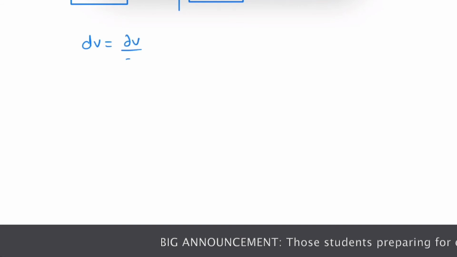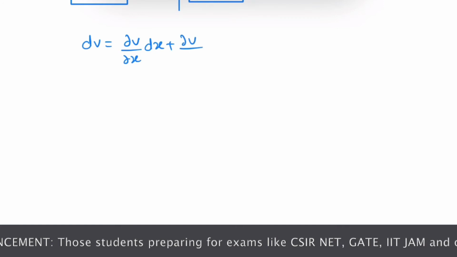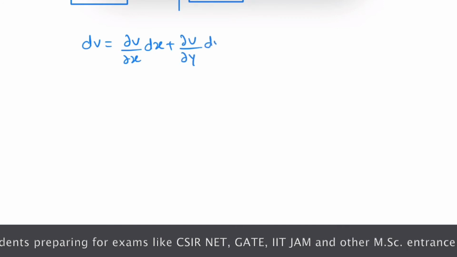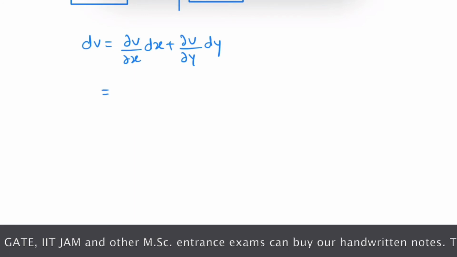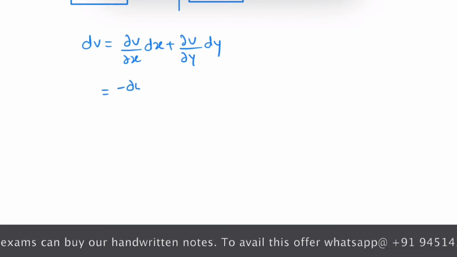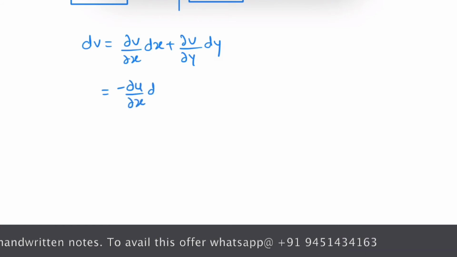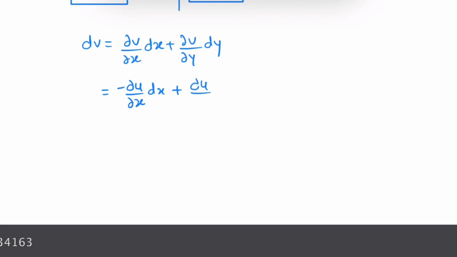We know that dv = ∂v/∂x dx + ∂v/∂y dy. From the Cauchy-Riemann equations, ∂v/∂x will be -∂u/∂y, multiplied by dx, and ∂v/∂y will be ∂u/∂x, multiplied by dy.